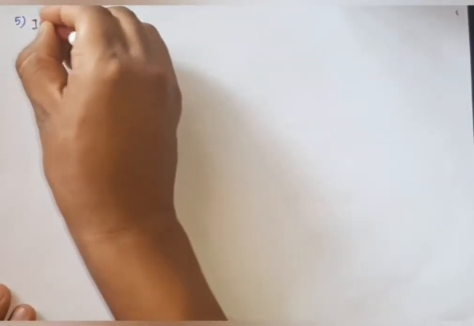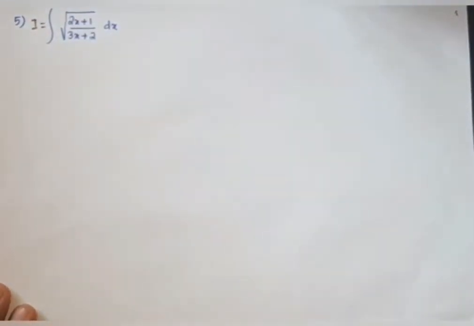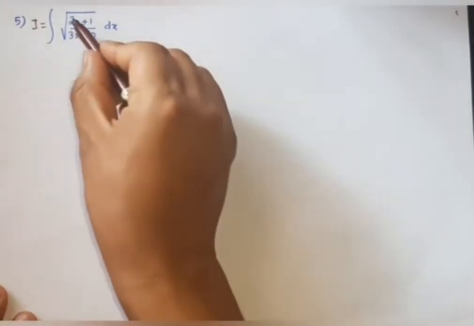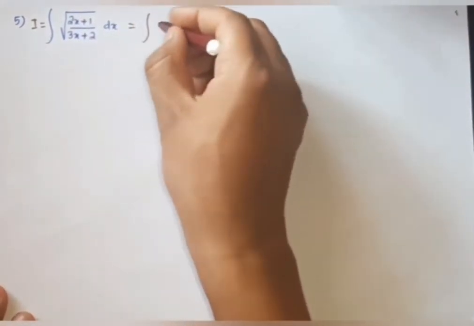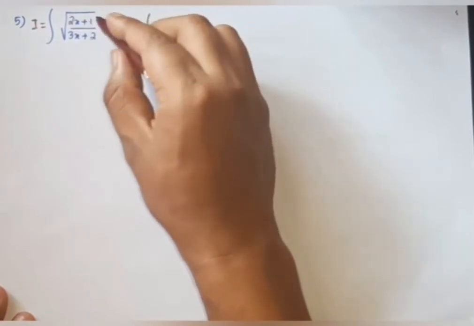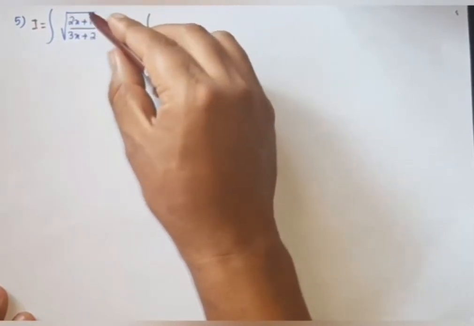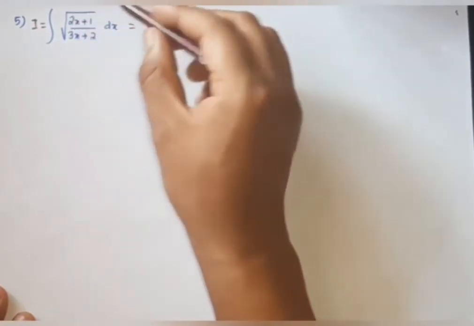So this is my integral I. From now onwards our integrals are going to be a bit longer. The rule says that we need to rationalize the numerator. So let us rationalize the numerator. To do that, I need to multiply both numerator and denominator by the numerator itself.